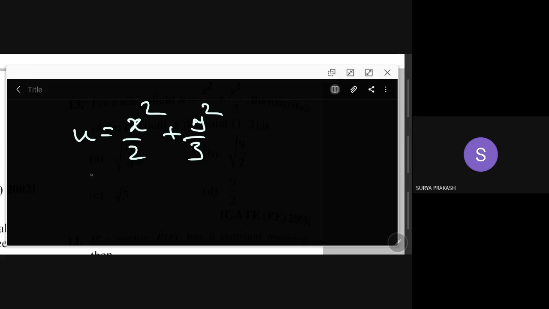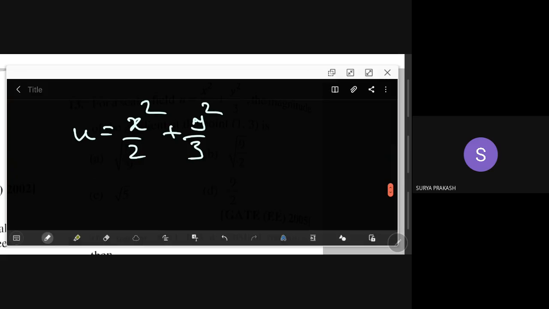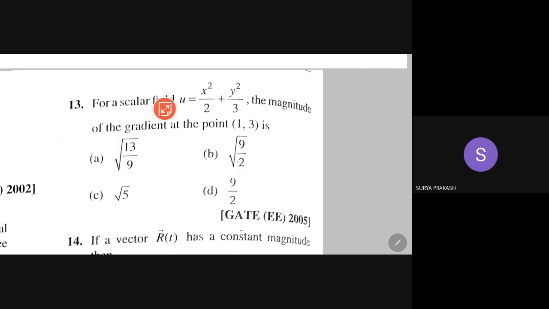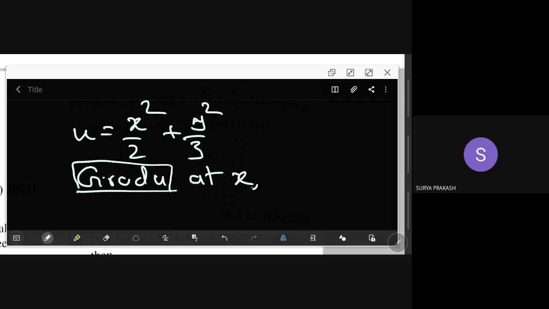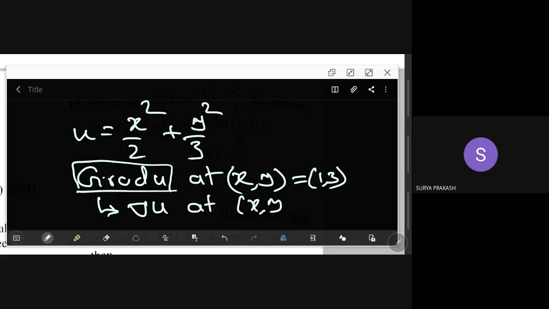So he is asking for grad u at (x, y) is equal to (1, 3).